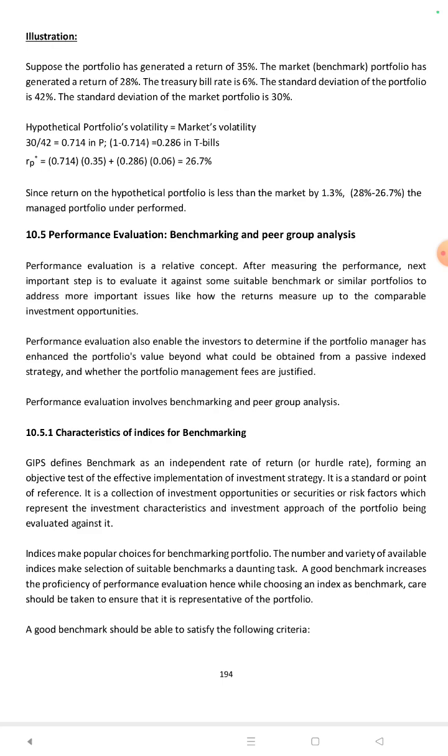So 1 minus 0.714 is the weight in treasury bill. RP is the risk on the portfolio, since return on the hypothetical less the market.